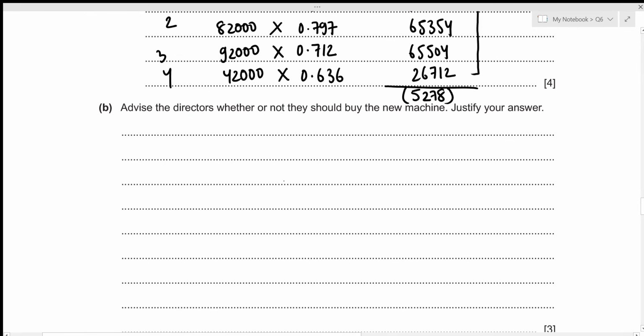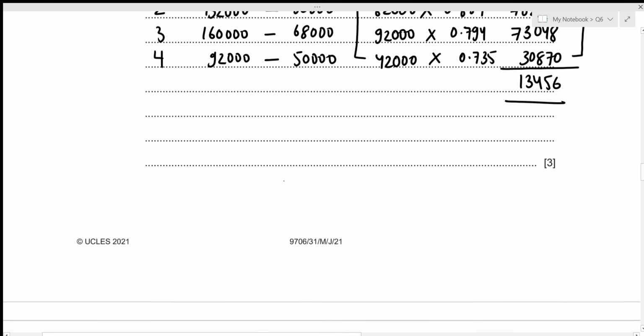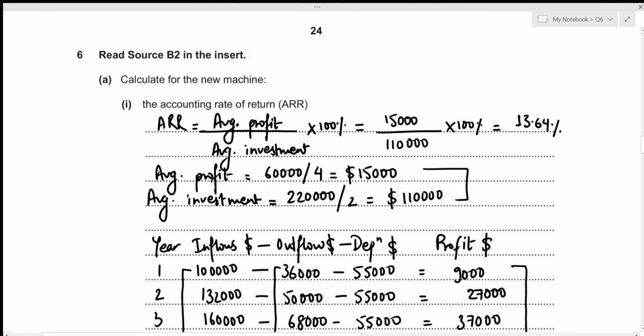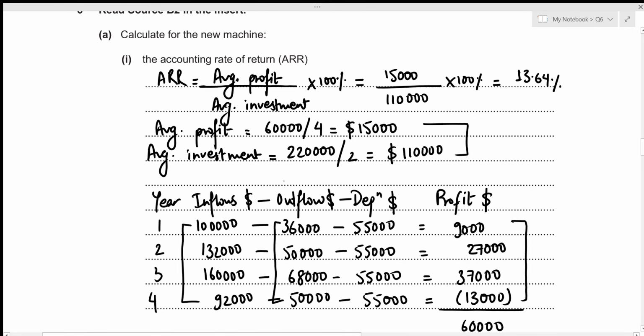For the second part, we need to advise the directors whether or not they should buy the new machine. And we also need to justify our answer. So we will justify on the basis of what we calculated in the first part. So let's have a look. For the first one, we calculated the accounting rate of return and we figured it out to be 13.64%.